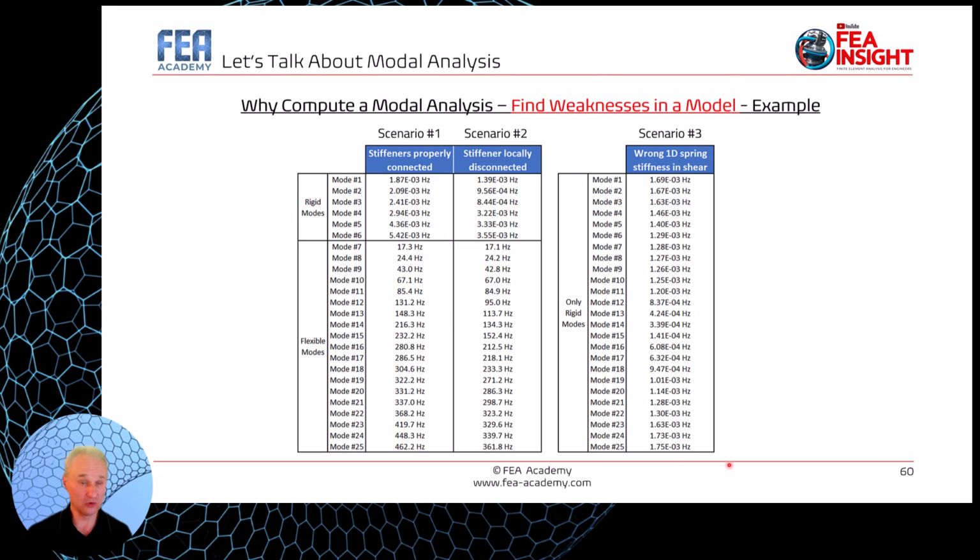All those modes are rigid modes. So just by looking at the list of natural frequencies, I know that this model has a problem. And for those 2 models, I suspect they are correct, but it's not the case because, as you know, this one is correct, but this one is not correct.